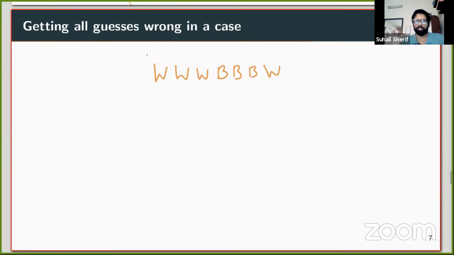And I want everybody to get this one case wrong. So what can you tell me about their strategies if they have to get this case wrong? Let's not come up with the full strategy yet, but let's slowly build up the strategy in order to get this one case wrong by everybody. So can somebody tell me what the strategy needs to look like?